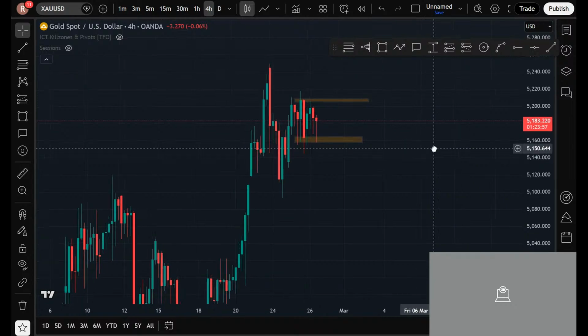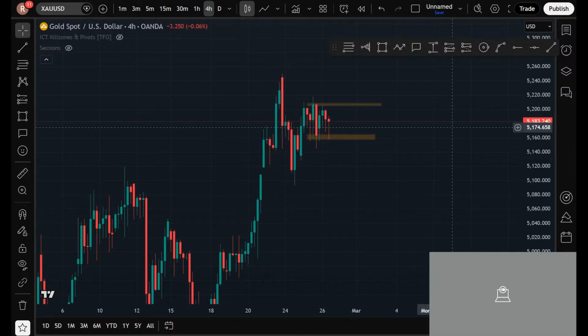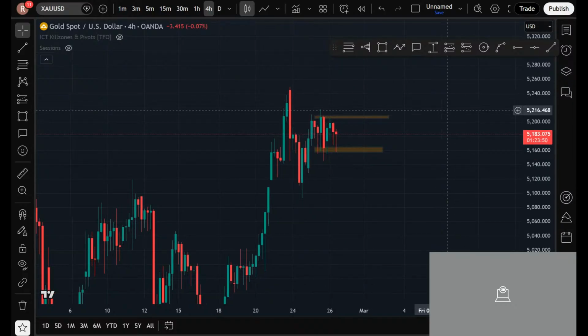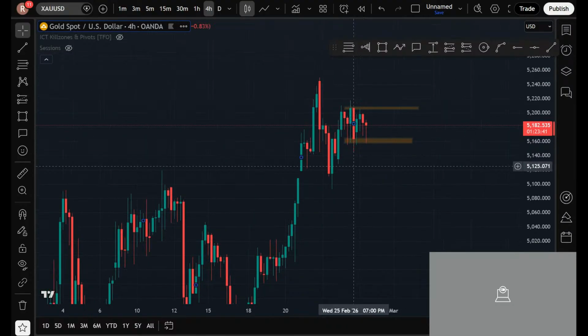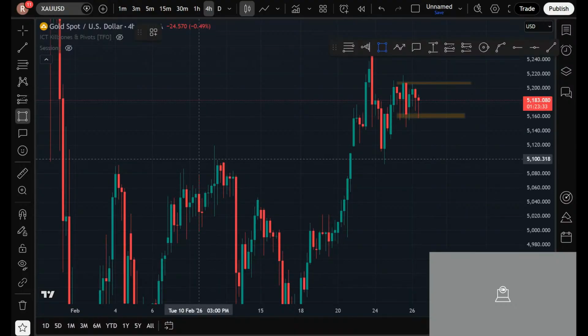So what I'm going to do is reanalyze and see if we have any possible trading opportunities. Sellers are kind of strong, buyers are weak, but we are at this zone being trapped.